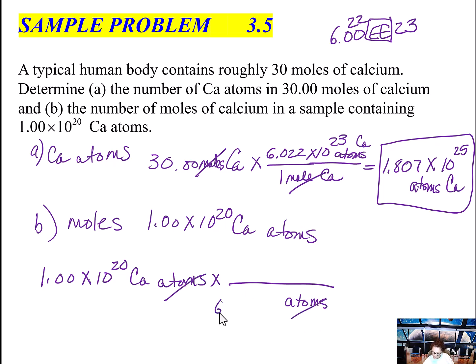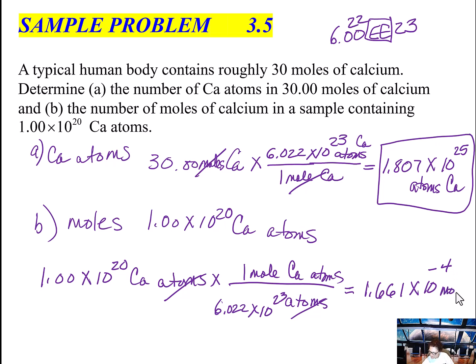So this time the 6.022 times 10 to the 23rd is going to go down below, and then the 1 mole will go at the top. And if you put that in your calculator correctly, it's going to be 1.661 times 10 to the minus 4 moles of calcium.